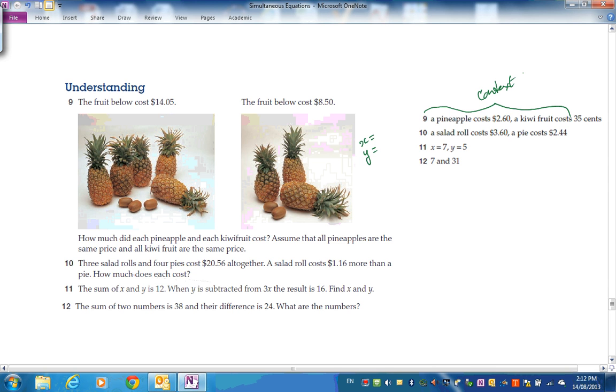Don't introduce x equals and y equals and then give the answer in terms of that. If x is the cost of a pineapple, the answer up here must be in that context, not in x context. The cost of a pineapple was, etc. Have a look at those. Here's some more down here. And let's go on then.